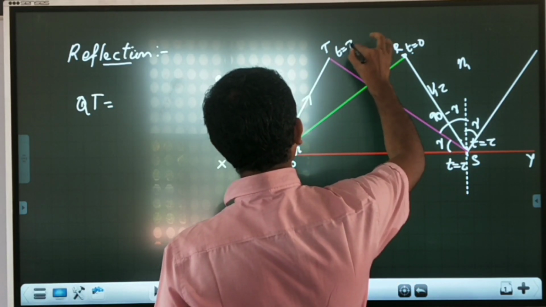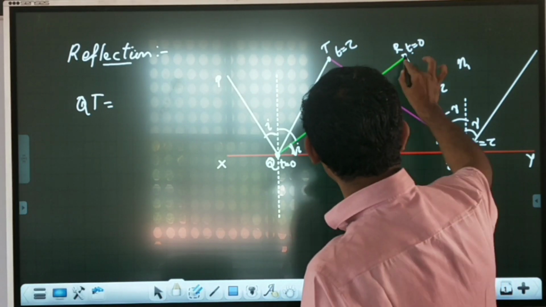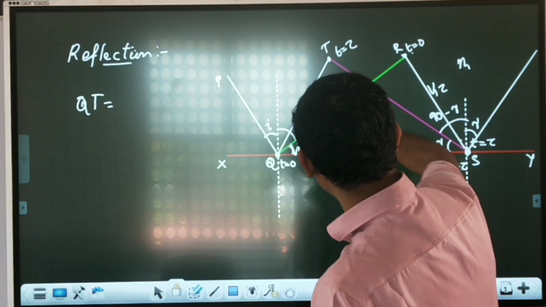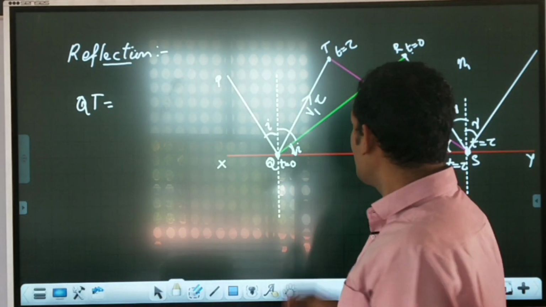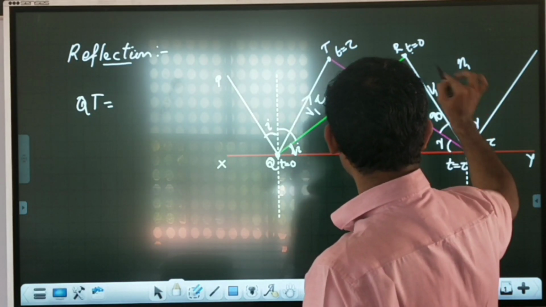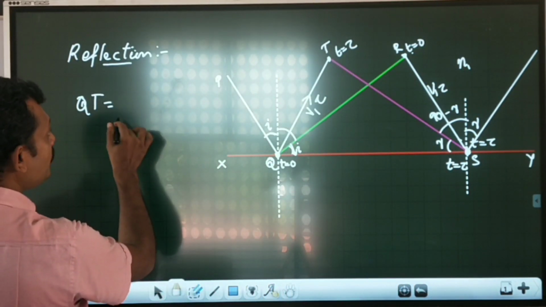So this time is t equal to tau, this time is t equal to 0, so my question, what will be this distance again? v1 tau. Why v1 tau? Because the speed is v1 here. So from here Qt is equal to v1 tau.